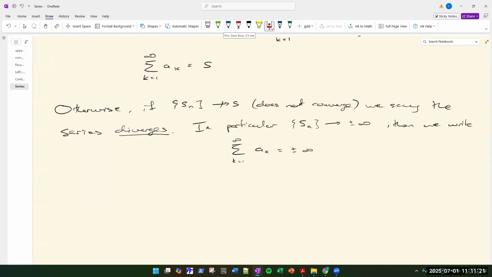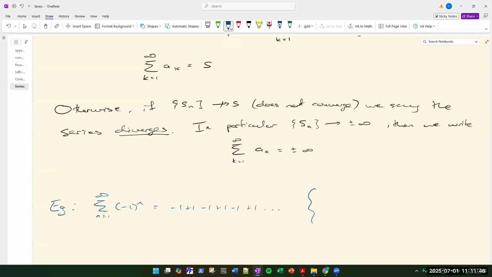An example is if I have this series, the summation of (minus 1) to the n, where n goes from 1 to infinity. This is equal to minus 1 plus 1, minus 1 plus 1, minus 1 plus 1, and so on.